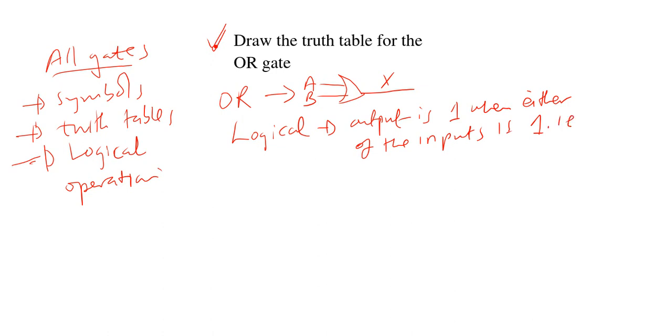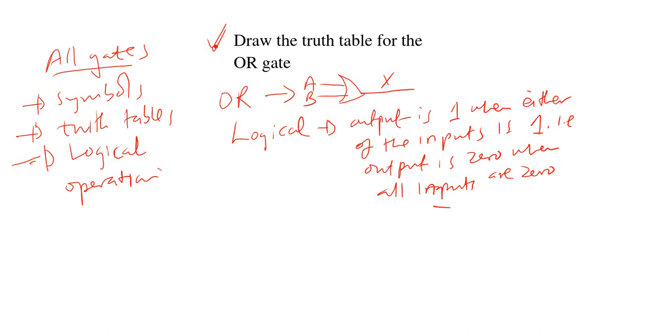That is, output is 0 when all inputs are 0. So we get an output of 0 when A and B are set to 0. But if either of them is 1, then the output will be 1.